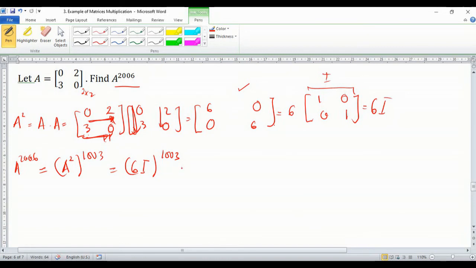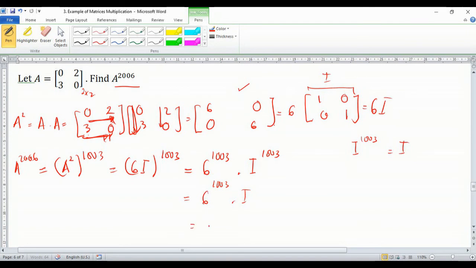It will be equal to 6 power 1003 times identity power 1003. Remember the property: identity power 1003 is equal to the identity, right? So this one I can write as 6 power 1003 times the I.